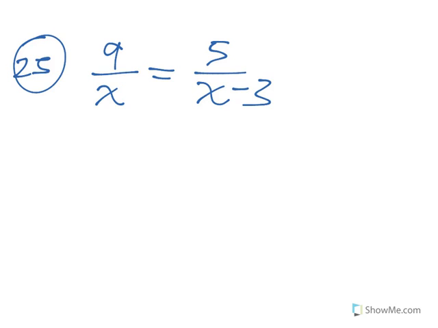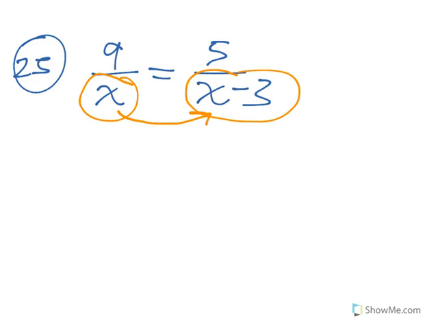All right, so we have this problem right here, which is 9 divided by x equals 5 divided by x minus 3. So these are our denominators. They need to be the same. We need to eliminate these fractions. So how do we do that? We take both of these.